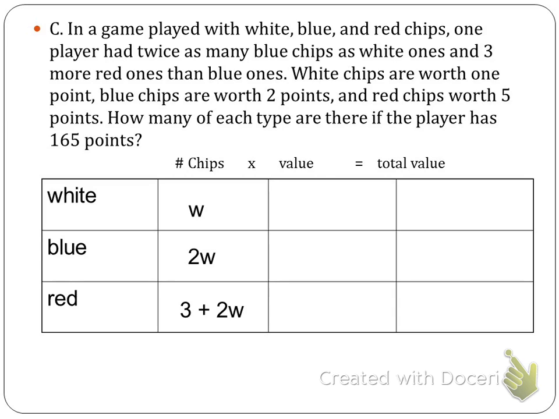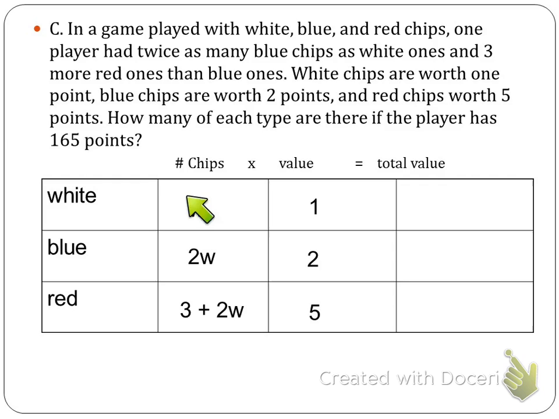All right. Now let's talk about the value. A white chip is worth 1. A blue chip is worth 2. And a red chip is worth 5. Now you just multiply those to find the total value.